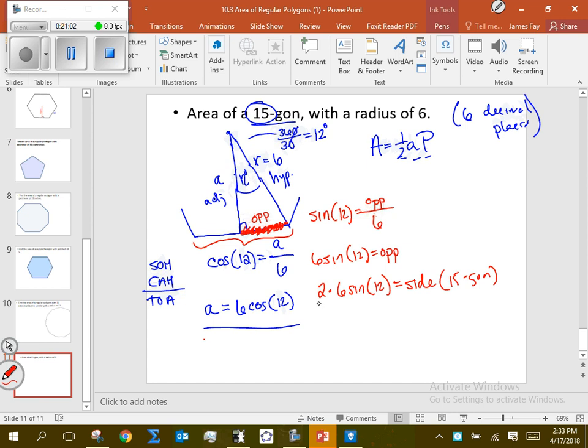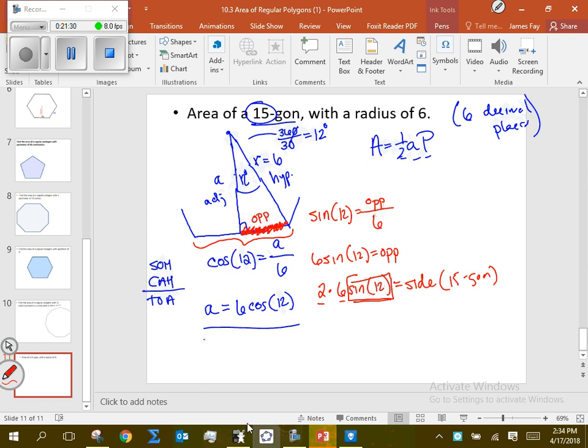Now, there's 3 numbers here. Sine of 12 is a decimal, right? Okay? Which 2 of those 3 numbers work the best together, or are most alike one another, or come from the same group of values? Don't think about 12 as the number. It's sine of 12 as the number. 2 and 6 are rational numbers, right?